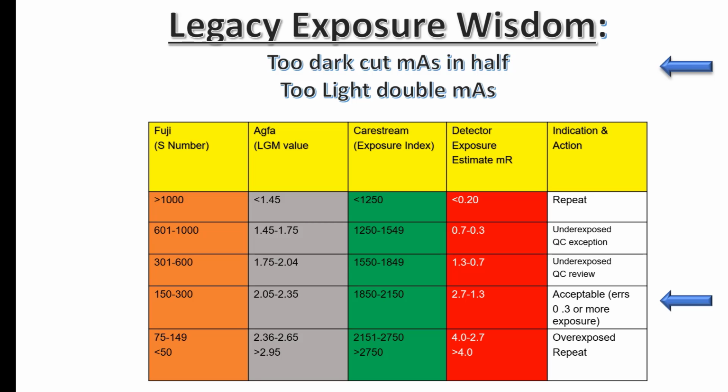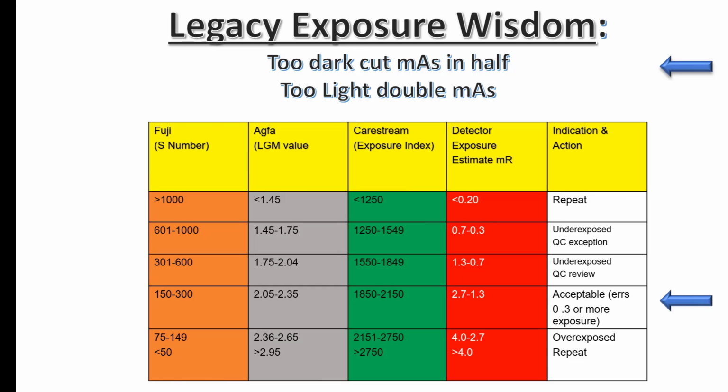So you really need to understand what your exposure indicators are for your equipment and how to utilize them. Here we can see the ranges, and we can see that there is a difference between Fuji, Agfa, Carestream, and DR detector exposures in milliroentgens. What do we need to do with these? Well, we need to be able to understand how they're utilized so we can either repeat it or tweak it.